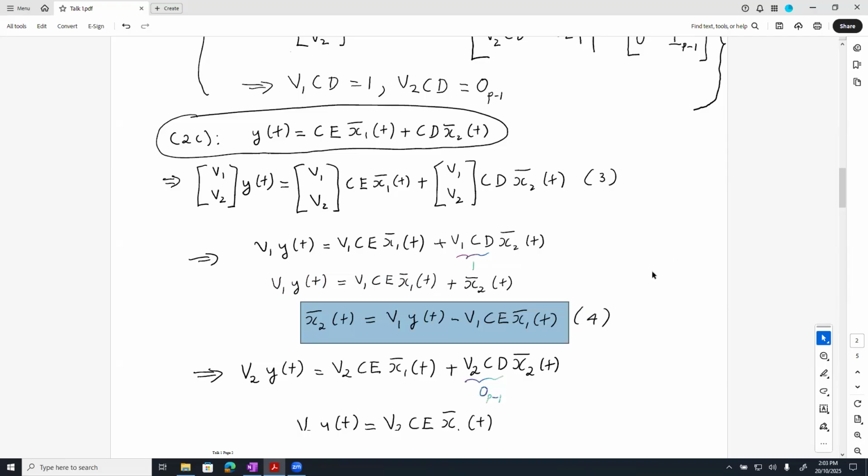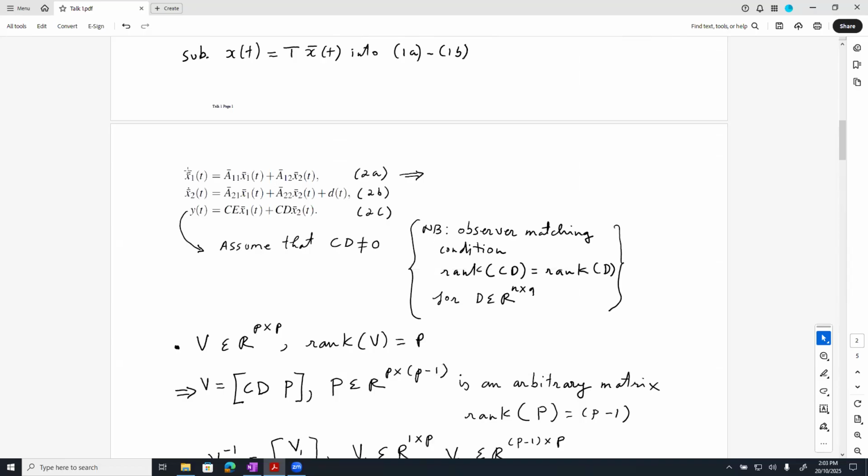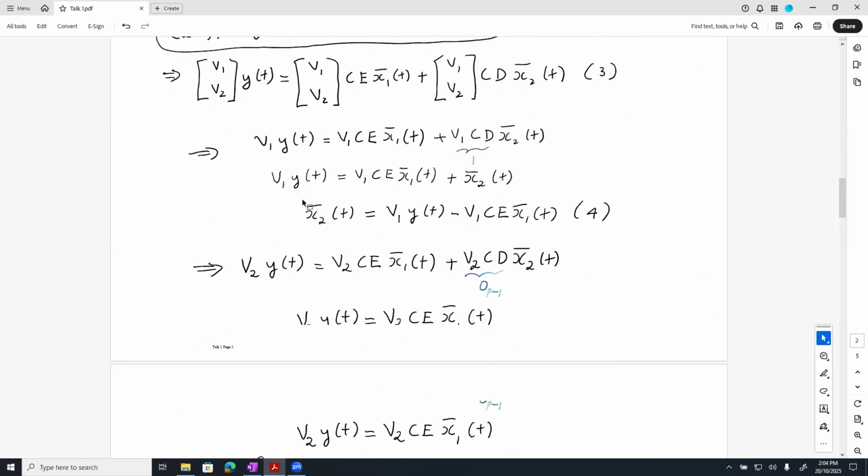The reason why it's useful is because we are now able to obtain a completely decoupled, disturbance, or unknown input free reduced order system. And this is only possible with the assumption that this condition holds. Okay. So if that condition holds, we obtain this expression.